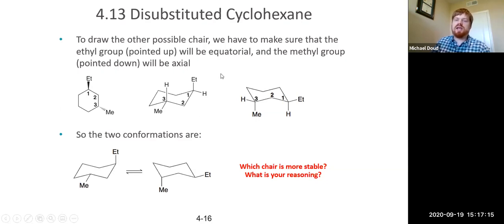Ethyl is going to be pointing out in the equatorial position, and vice versa, whereas the methyl group was pointing down in the equatorial. Now, when it flips, it's pointing down in the axial direction. So those are our two possible conformations. We can either have the ethyl as an axial and the methyl as an equatorial, or we could have the methyl as an axial and the ethyl as an equatorial.